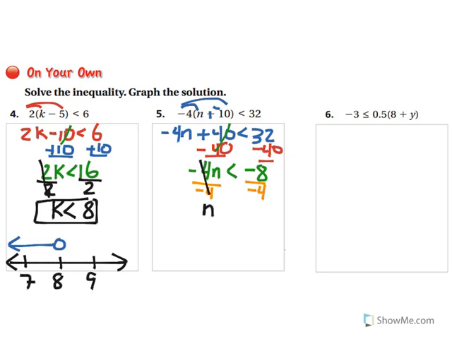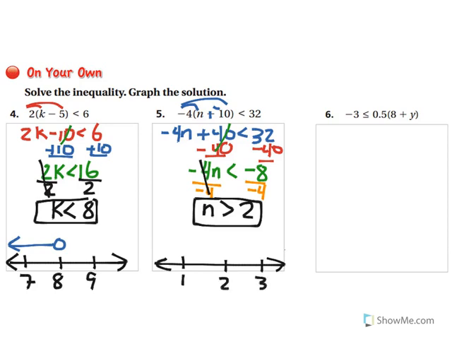And then negative 8 divided by negative 4 is positive 2, but since I divided by a negative on both sides, I have to flip my inequality sign. Alright, so I have a 1, a 2, and a 3, and it's going to be open circle, and n is greater than 2, so it's going to go to the right.